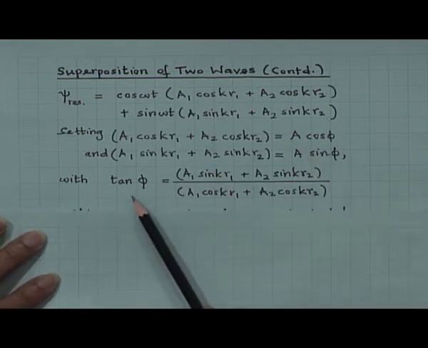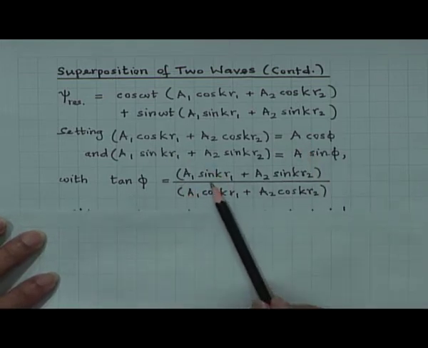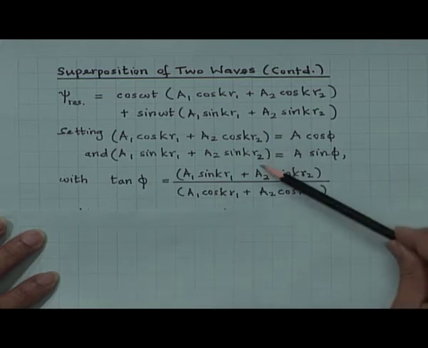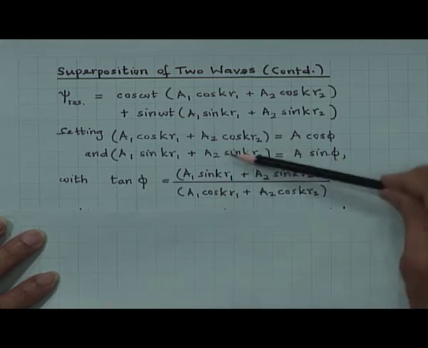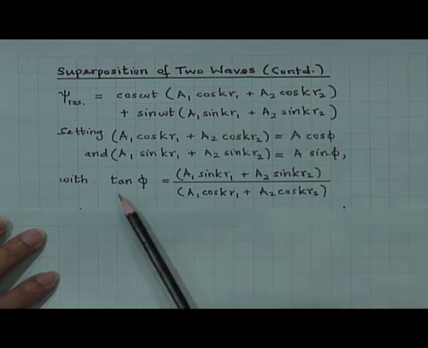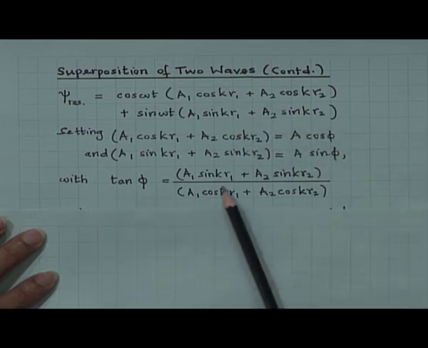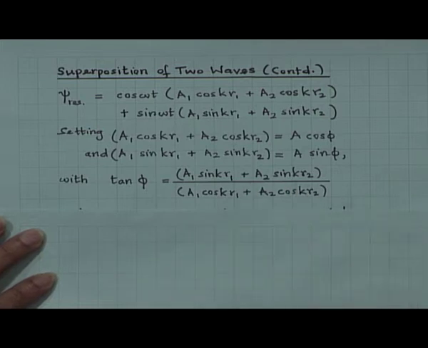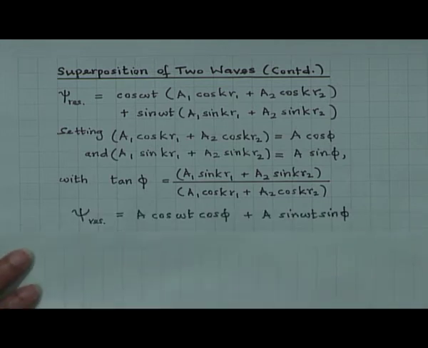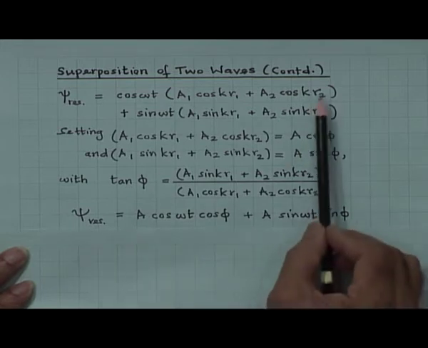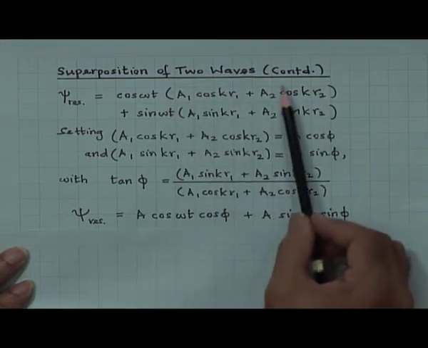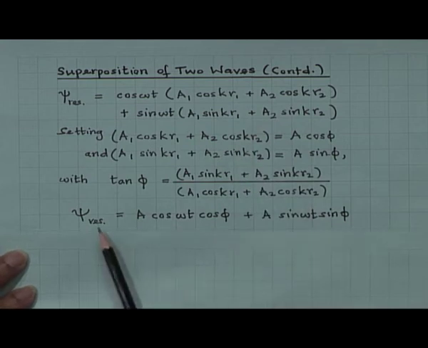Dividing the second equation by the first equation, we get tan phi equal to (A1 sin k R1 plus A2 sin k R2) divided by (A1 cos k R1 plus A2 cos k R2). And therefore, this term is A cos phi and this term is A sin phi. So, the resultant is A cos omega t cos phi plus A sin omega t sin phi.